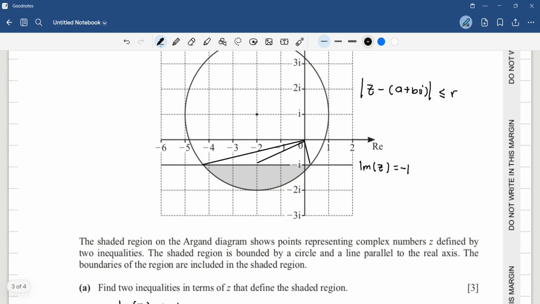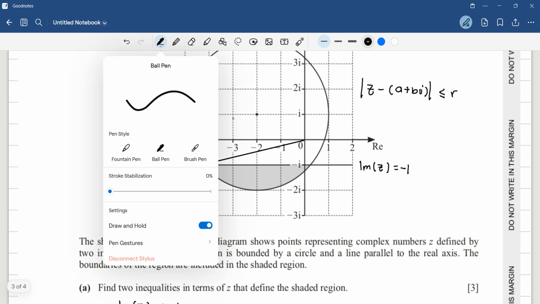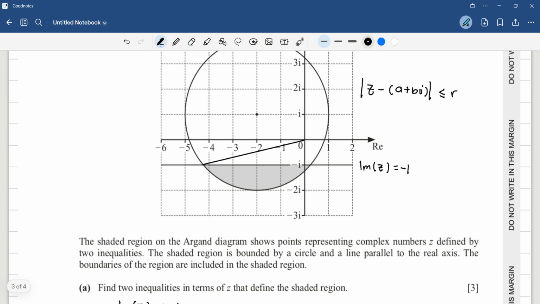Since the question asks for the greatest distance, the greatest distance is actually this particular distance.